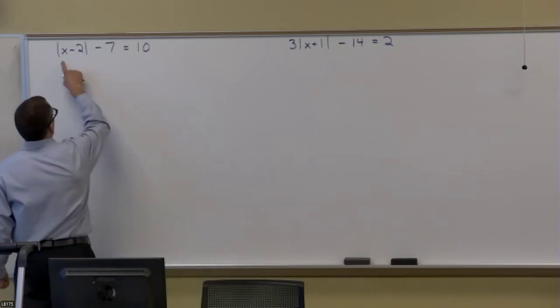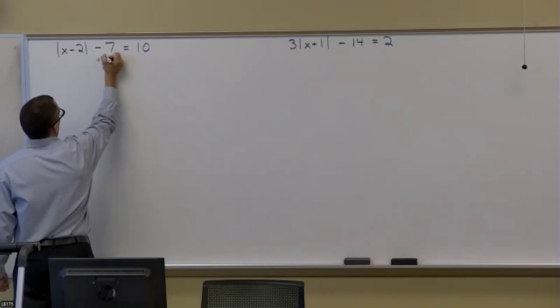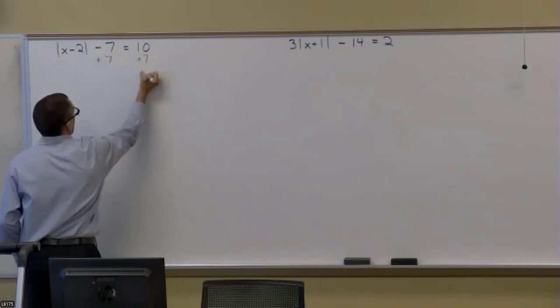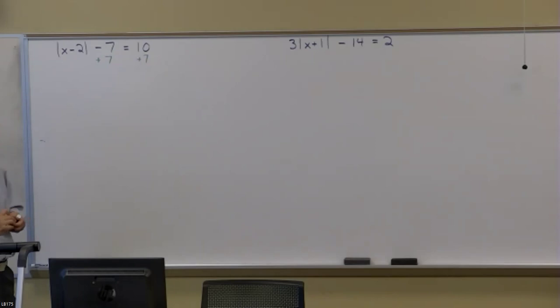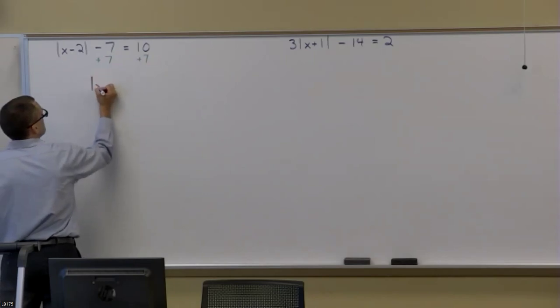All right, so I'm going to isolate the absolute value. That just means get rid of everything else on that side. I want to add 7 to both sides. In this case, that's going to give me absolute value of x minus 2 is equal to 17.